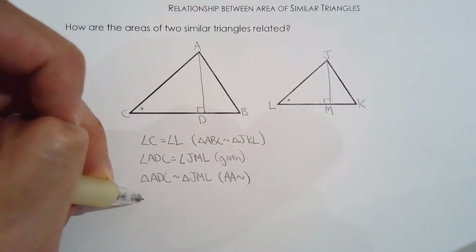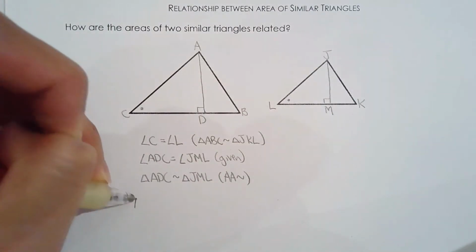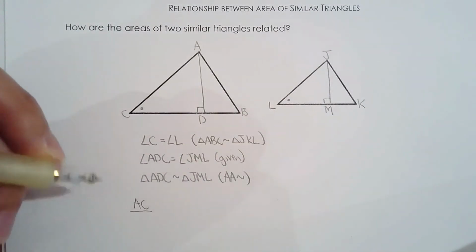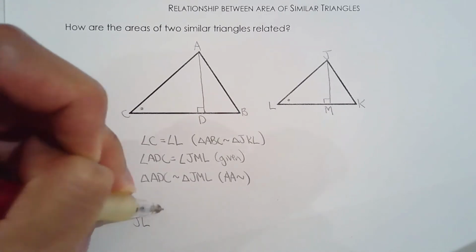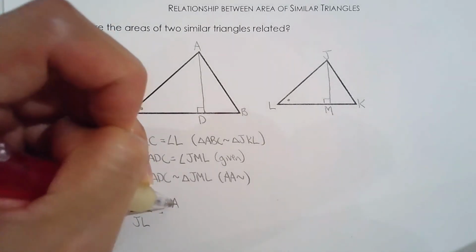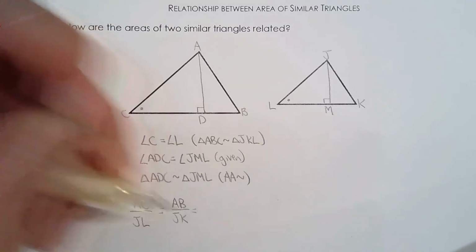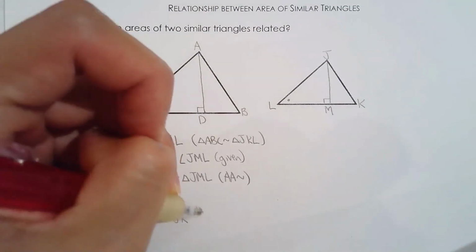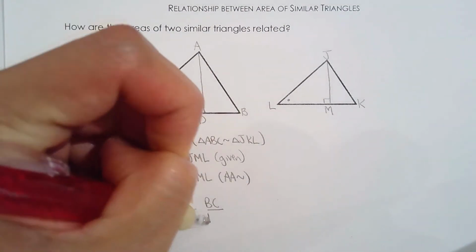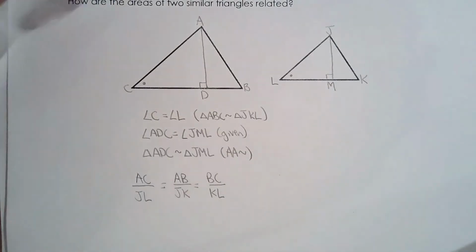So let's write that down for triangles ABC and JKL. That means AC over JL is equal to AB over JK, which is equal to BC over KL. Now hold on a second.